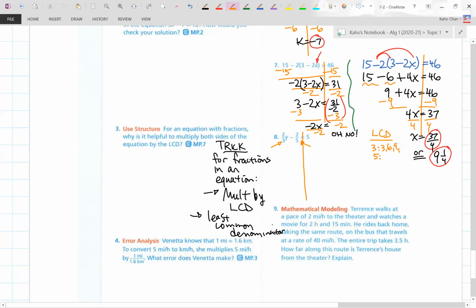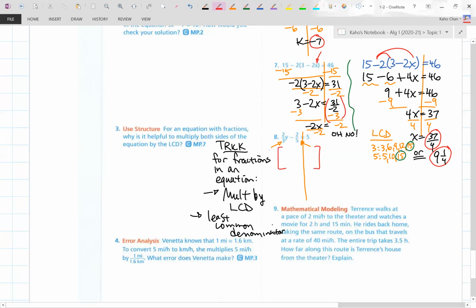This is one way of looking at it, the old school way of finding a least common denominator back in elementary school. Oh, there it is. 15 is the smallest multiple of 3 and 5 that we're going to multiply everything by right now.